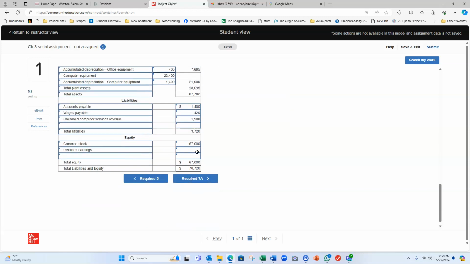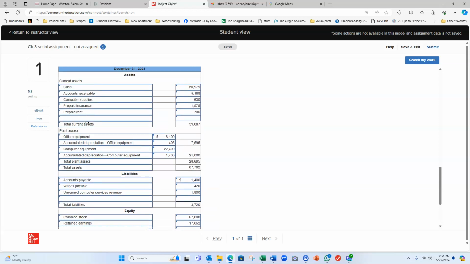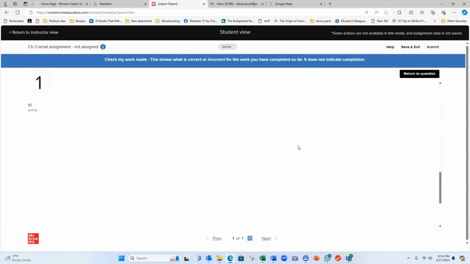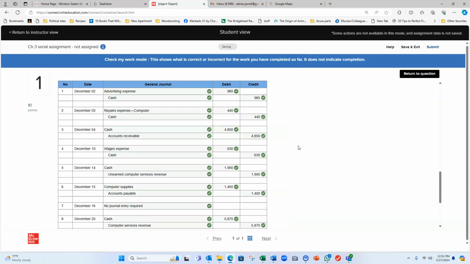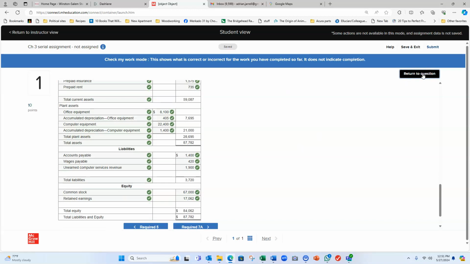Let's see if we work out right. 87,782. I feel really good about that. Assets equals liability and equity. Just notice these totals: total liabilities, total equity, total liabilities and equity, total assets, total plant assets, total current assets. All those are very, very common. Looks like we're in pretty good shape with that.